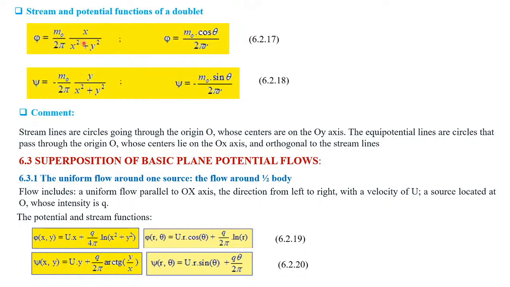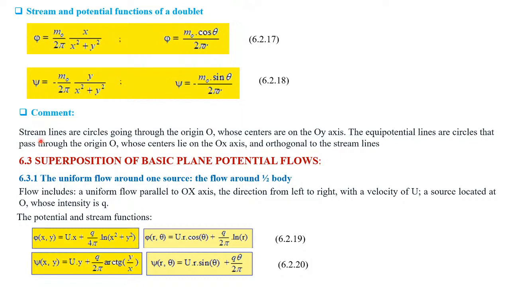This is for the Cartesian coordinate system, and this is for the polar coordinate system for phi, and for psi we have this one in the Cartesian coordinate system and this one in the polar coordinate system.